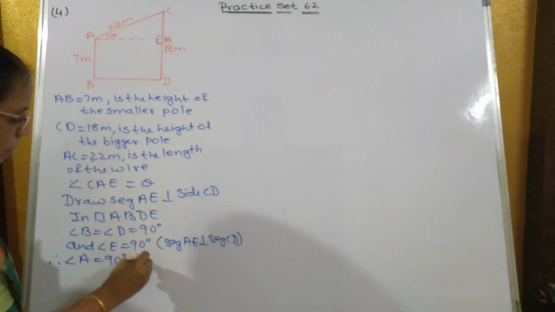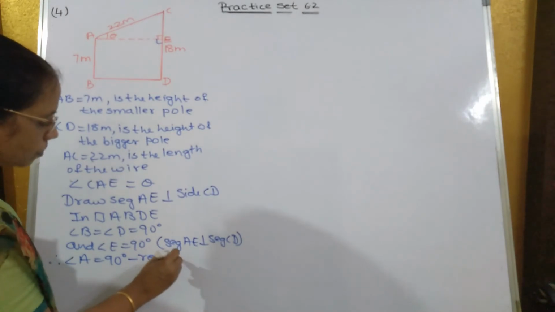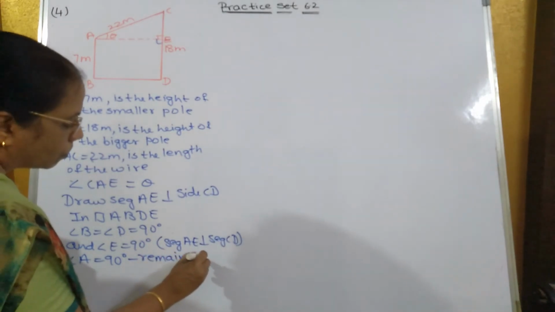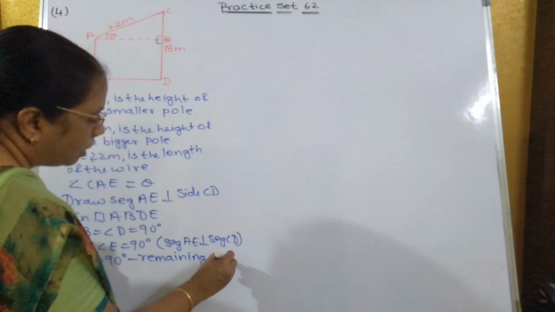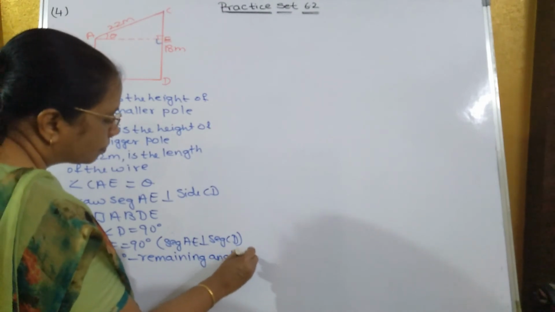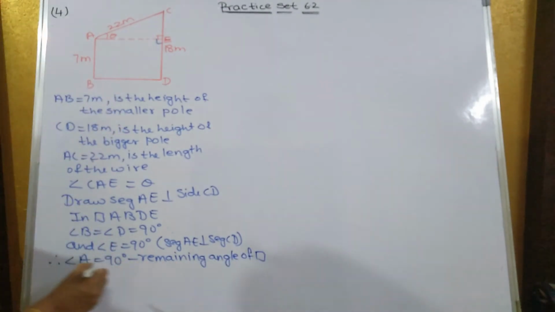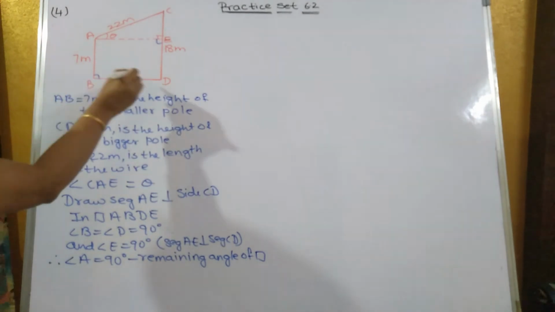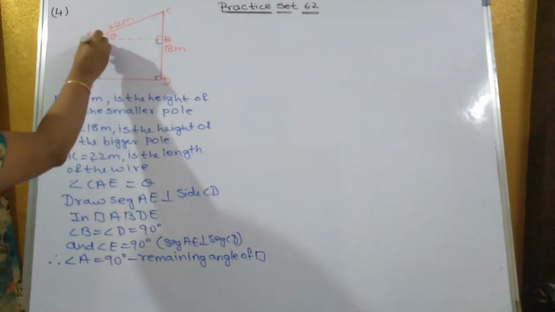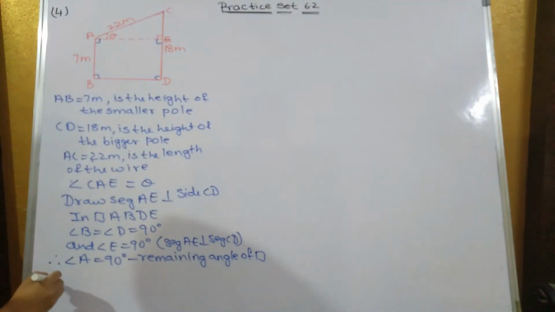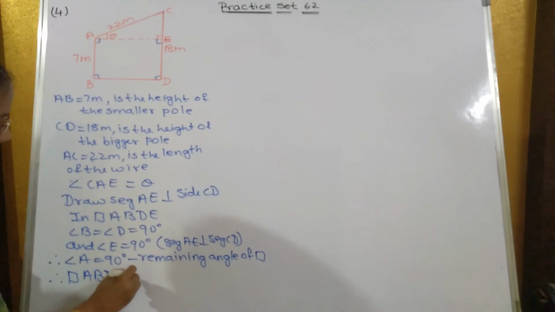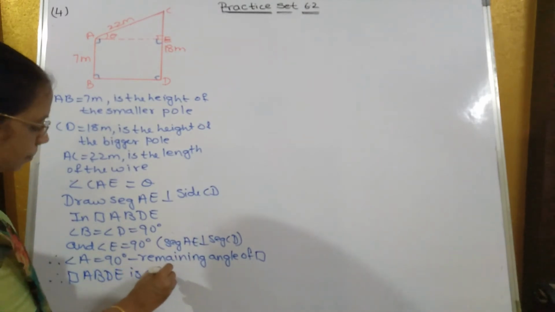Why? Remaining angle of quadrilateral. Therefore quadrilateral, so this we have got 90, this we have got 90, this is also 90, this is also 90. Therefore quadrilateral ABDE is a rectangle.